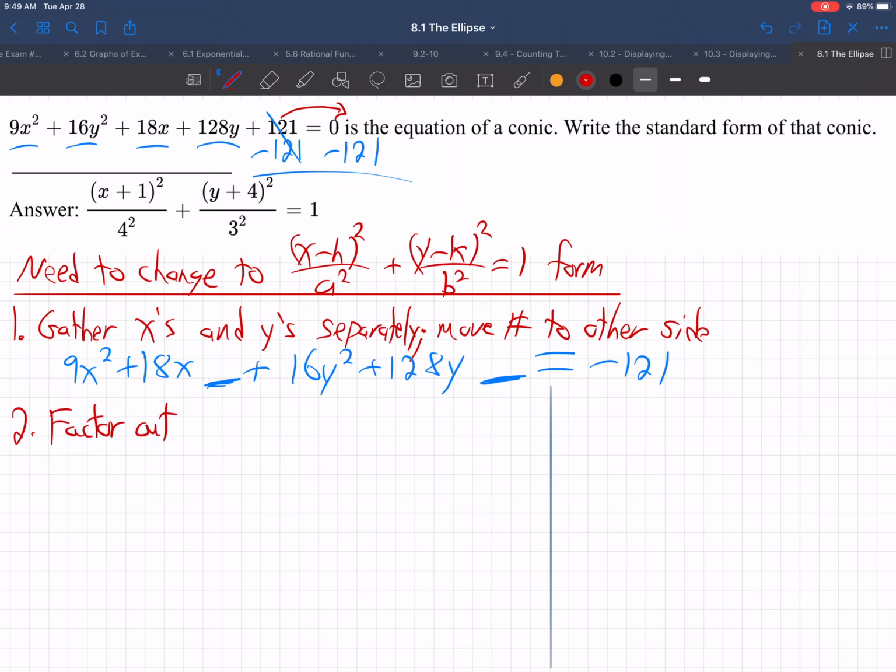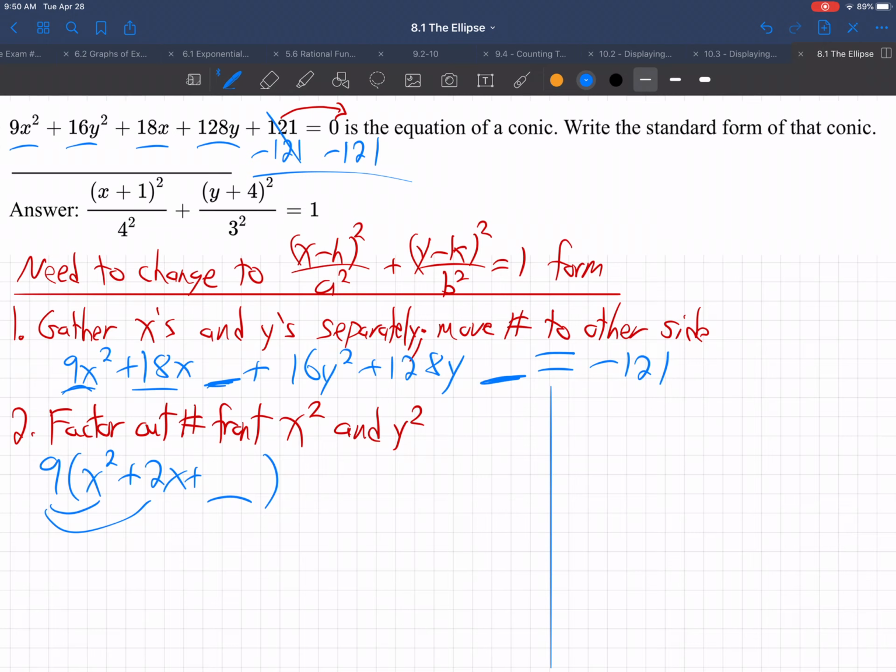Factor out the number in front of x squared and y squared. So I'm going to factor out that number. So in this case 9. And what does that leave? 2x, right? Because 9 times x squared will go back to 9x squared. 9 times 2 will go back to 18x. And leave a blank there. Plus 16 y squared.